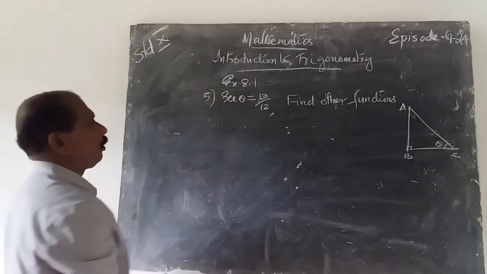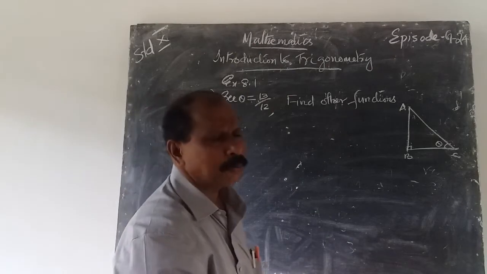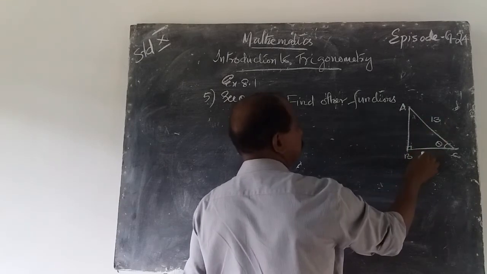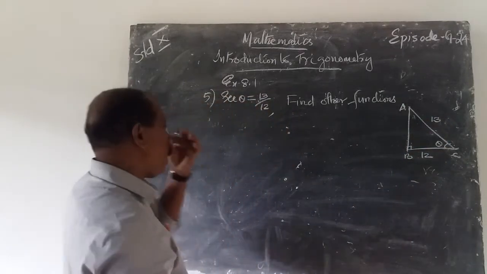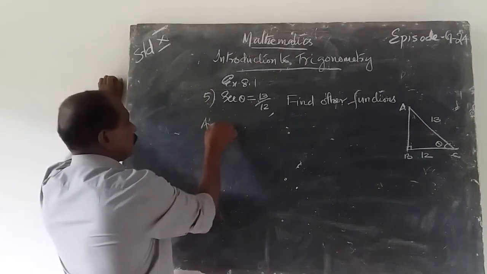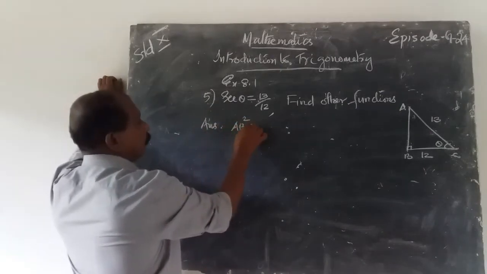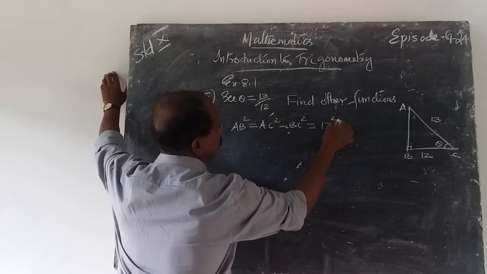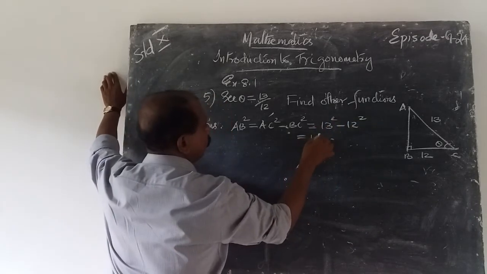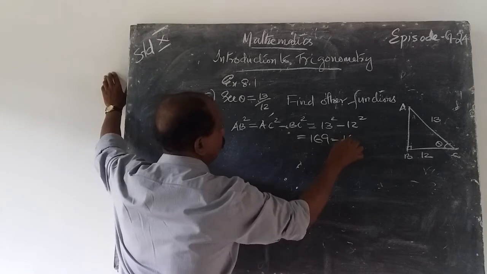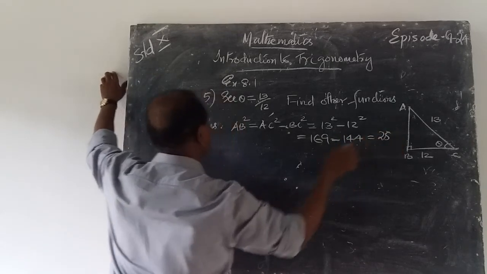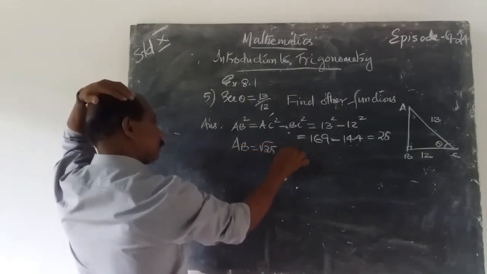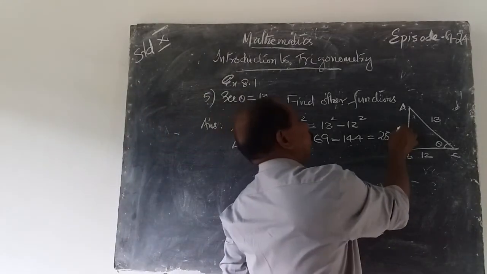Sec theta is hypotenuse by adjacent side, so the hypotenuse is 13 and the adjacent side is 12. We can find out the opposite side. AB square is equal to AC square minus BC square, which is 13 square minus 12 square, equal to 169 minus 144, equal to 25. Therefore, AB is root 25, that is 5. Therefore, the opposite side is 5.